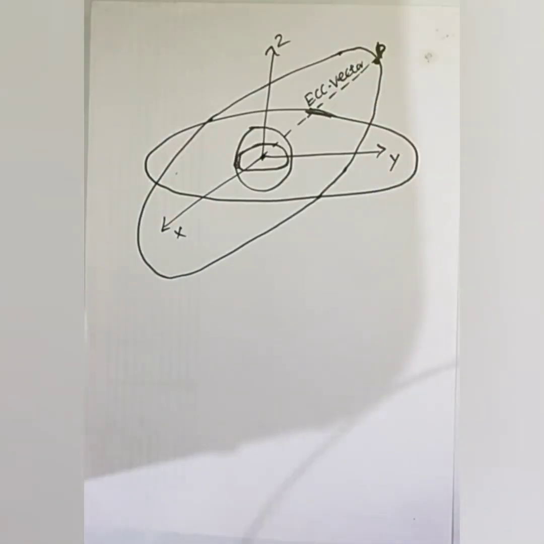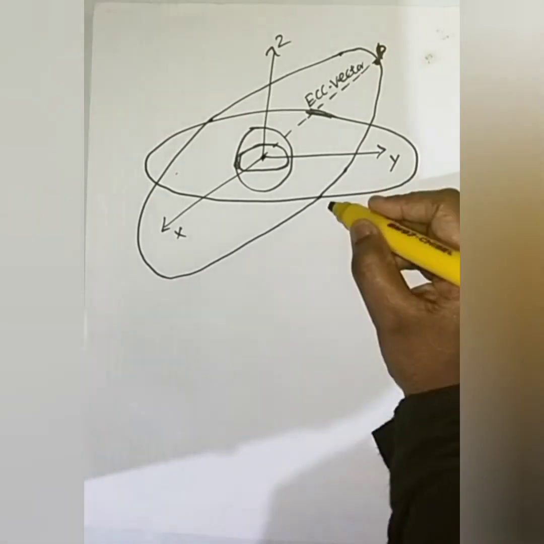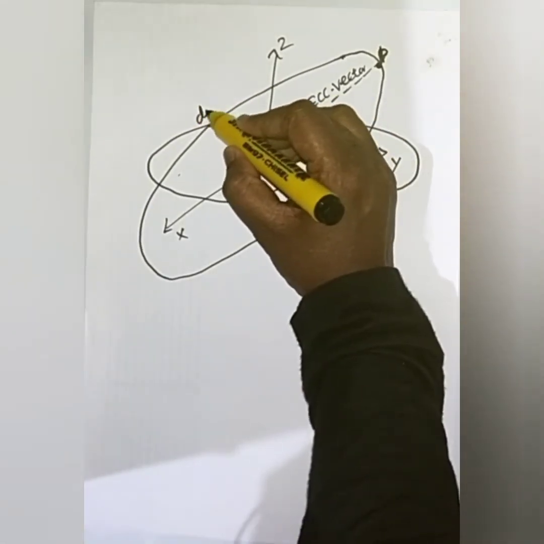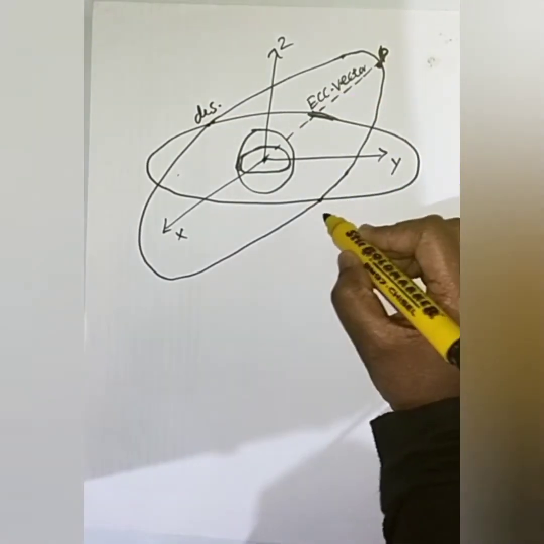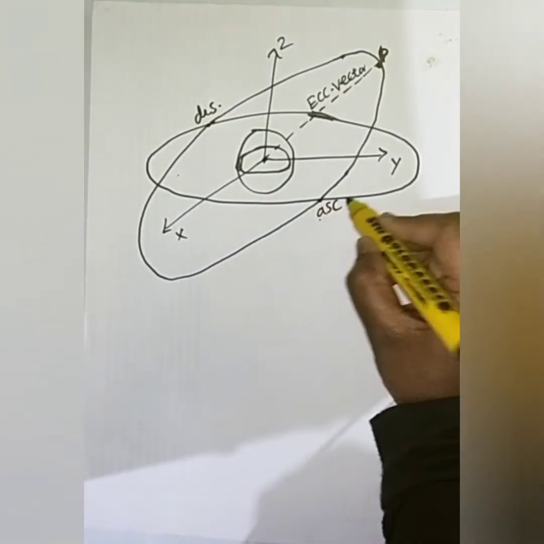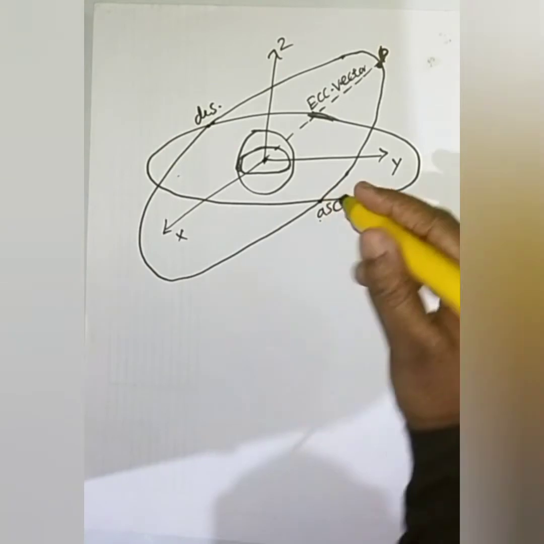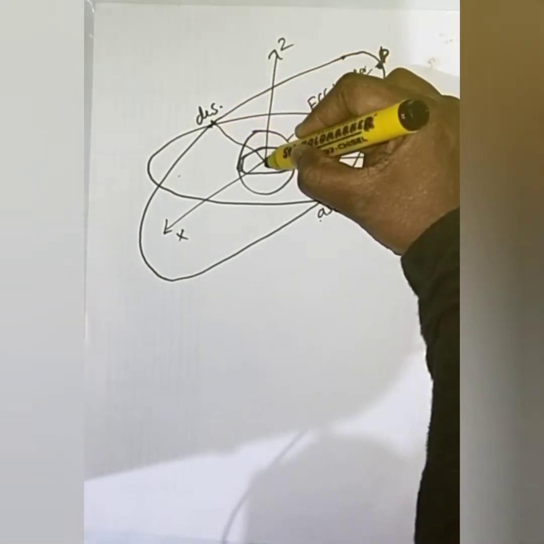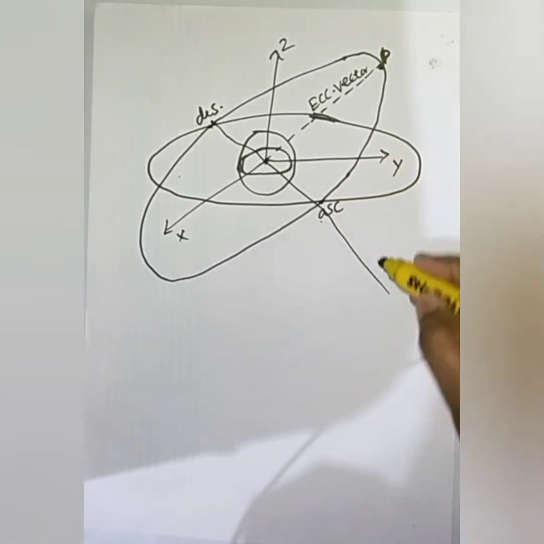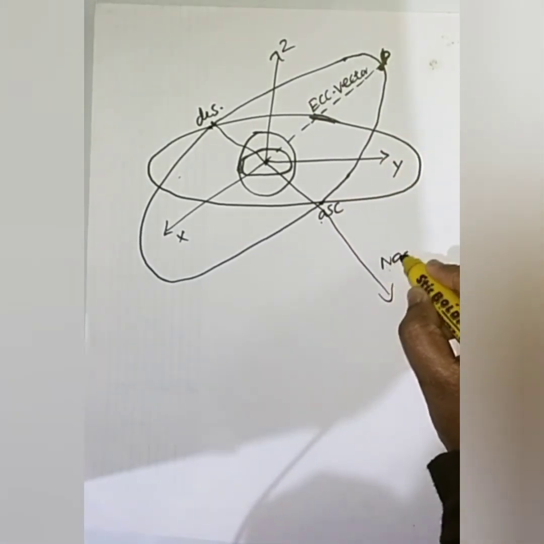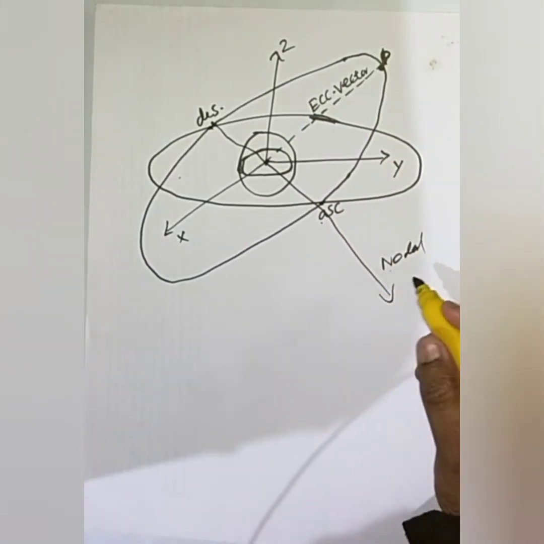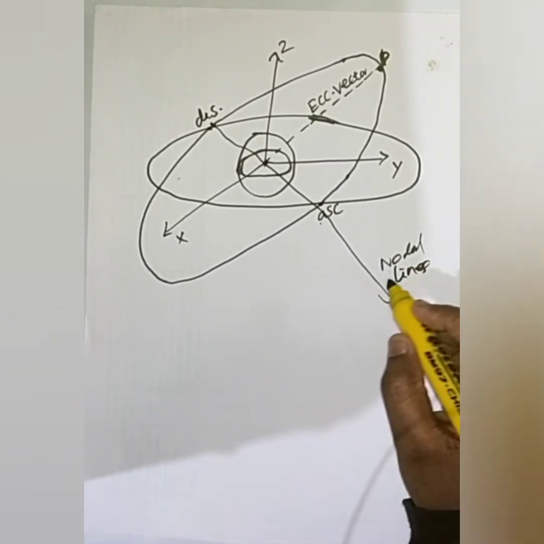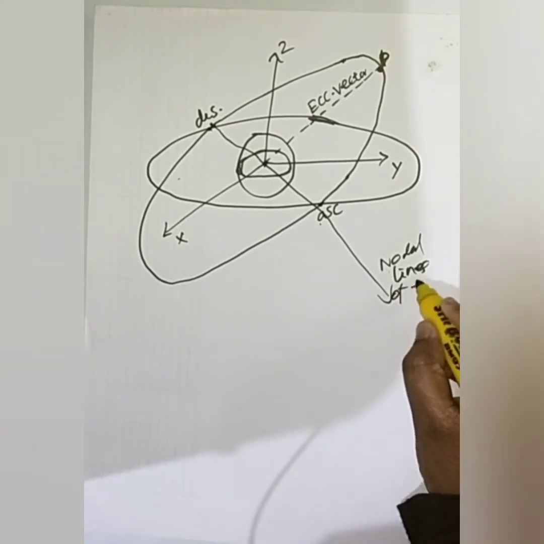And now, connecting the descending node and the ascending node through the central point of the Earth, this one is called the nodal line of the satellite.